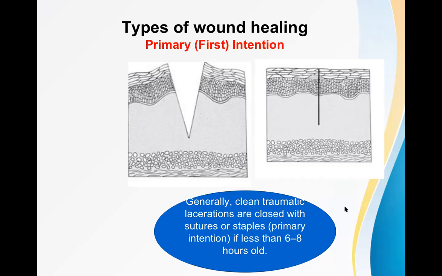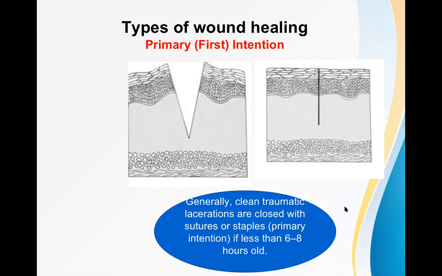Why do we not put any suture in that situation? What's the answer? Because of high chance of infection. Remember, there is already a lot of time spent. 6 to 8 hours means the wound must be contaminated by some microorganism.